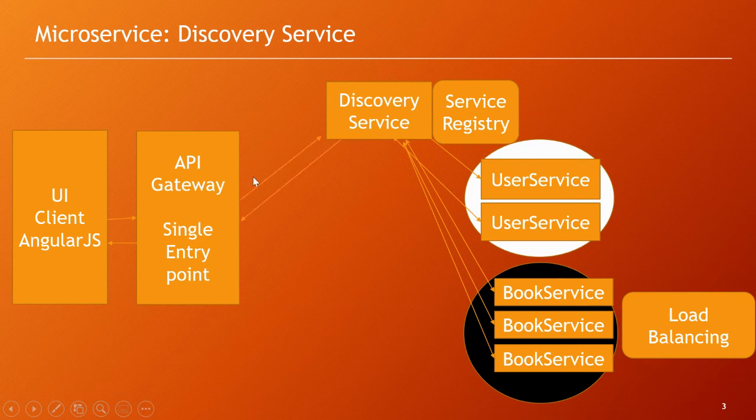With the help of this discovery service, the client can make a call to the discovery service saying, I want a user service, give me the user service instance details. So the API gateway will make a request only to the discovery service, and inside it, it will maintain a service registry. Based on that, it will return the IP addresses of all the machines, or only a single instance.